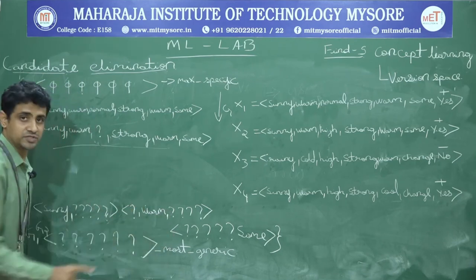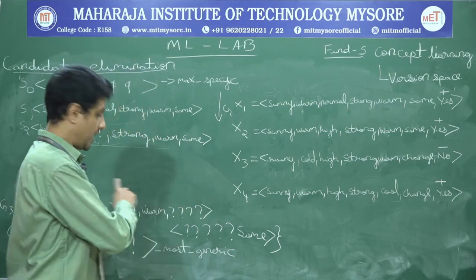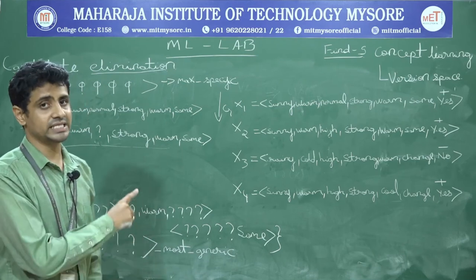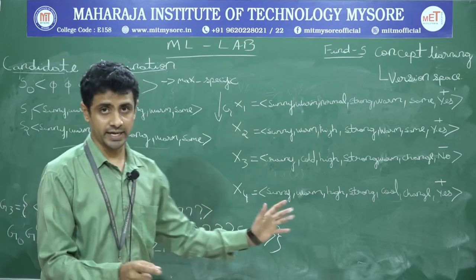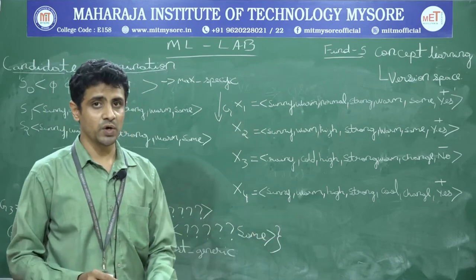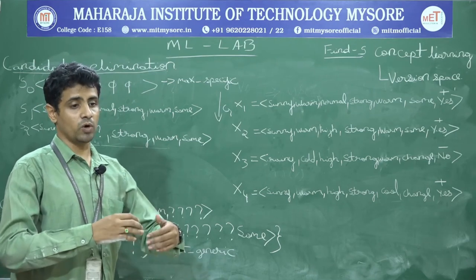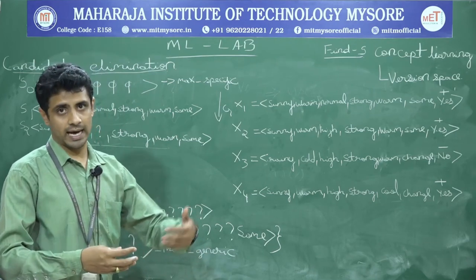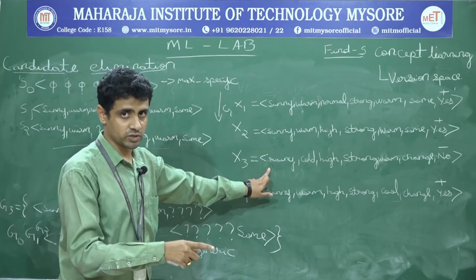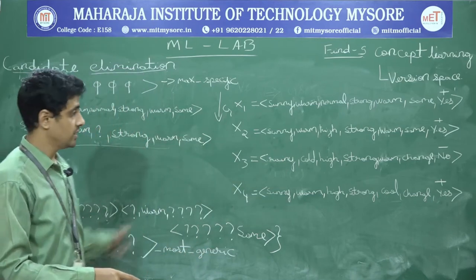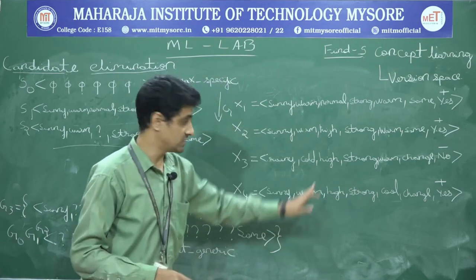This is my G3. What does it mean? It is my hypothesis or the boundary for generalized. Why generalized? It is generalizing a given set of training examples. Whenever we have a negative example, we are generalizing, because we are saying what should not be the case for classification. Whenever we have rainy, do not have rainy for positive classification, have sunny. In the case of cold, we need to have warm. Why didn't I get high and strong as well as warm?